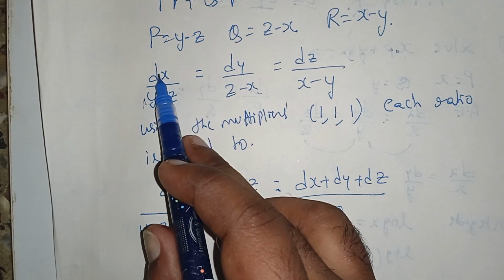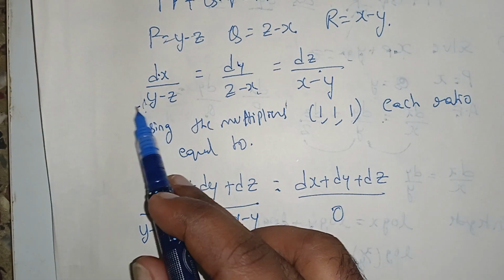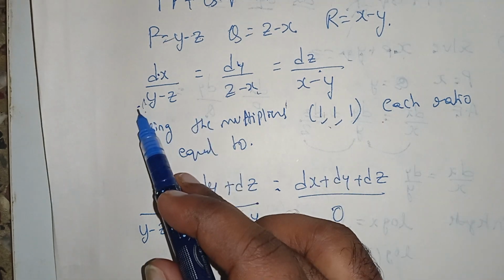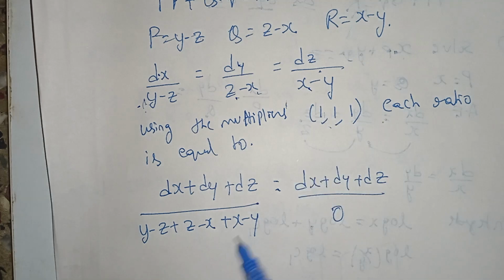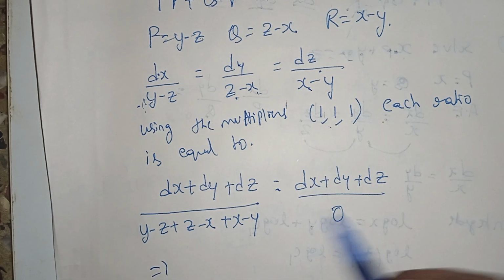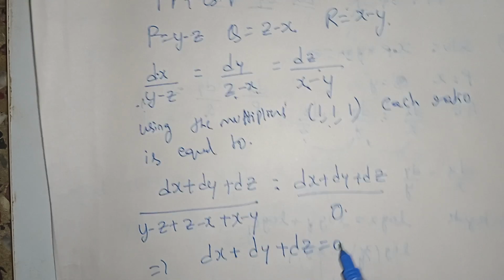So each ratio, 1 dx, 1 dy, 1 dz, that is the multipliers, 1 into this term plus 1 into this term plus 1 into this term added. So this implies, if this is cross multiplied, dx plus dy plus dz equal to 0.